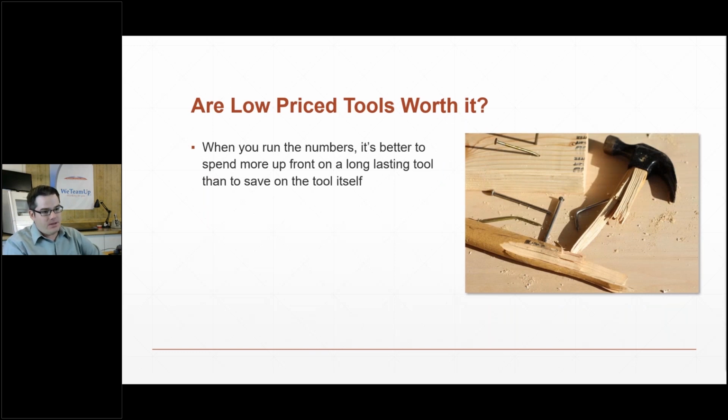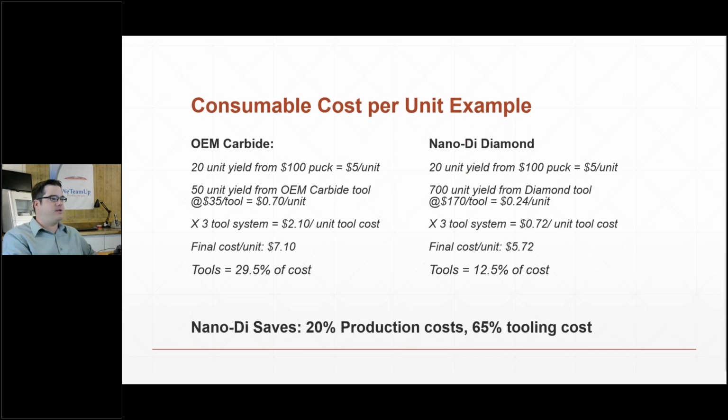So it's important to think about the quality of the tool and ask, is it worth it to pay less for a lesser tool? And I've got a little bit of a breakdown here.